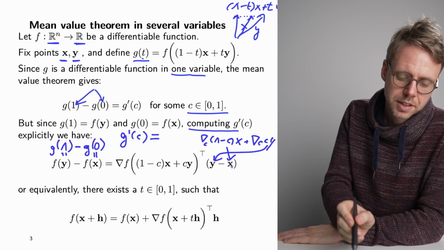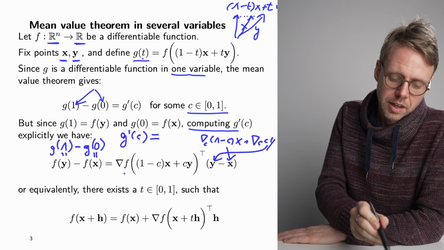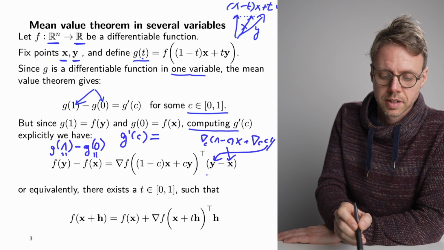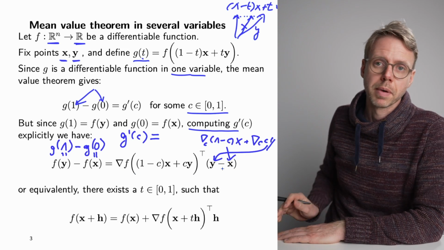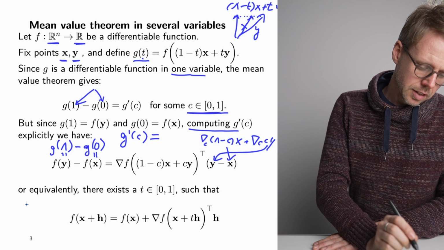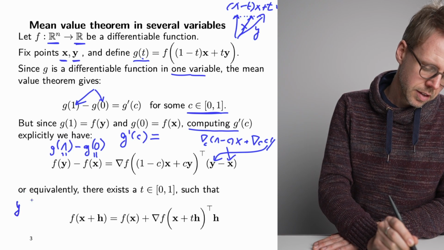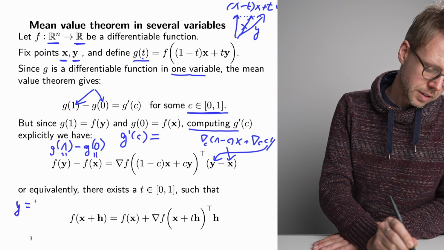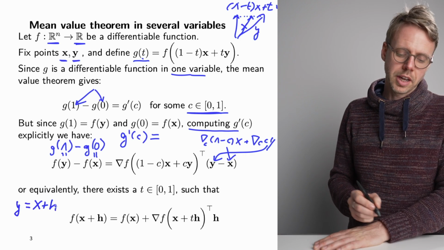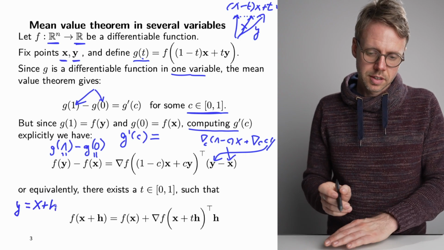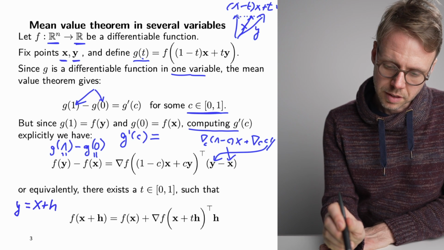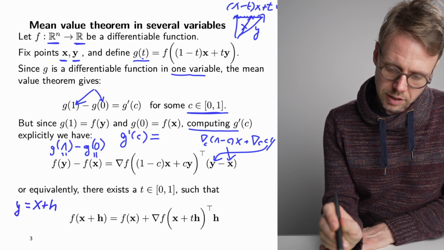So the result of this gradient calculation equals the gradient of f times y minus x. Equivalently, we can define y equals x plus h. So h is a vector that goes from x to y, so it would be this vector here, that's h.